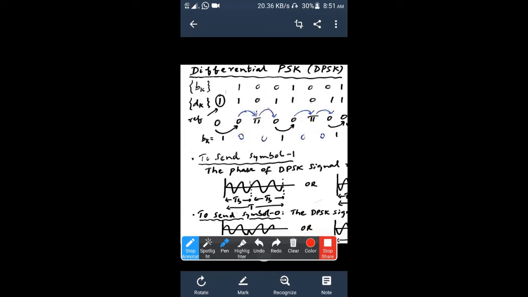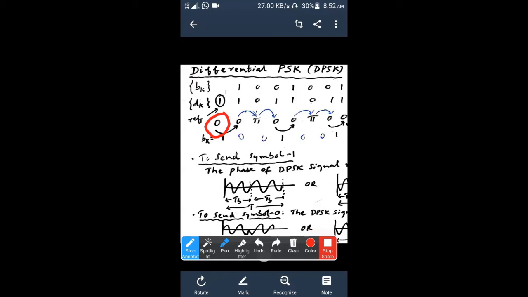Now look at the differential dependency you have created. Assume that at the receiver, the first waveform coming in is a cos function, a carrier signal with 0 phase. That means cos 2 pi fct is coming to you.